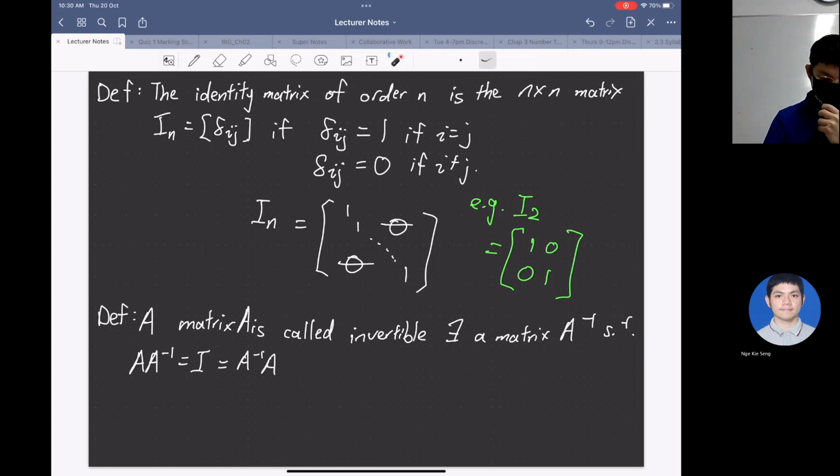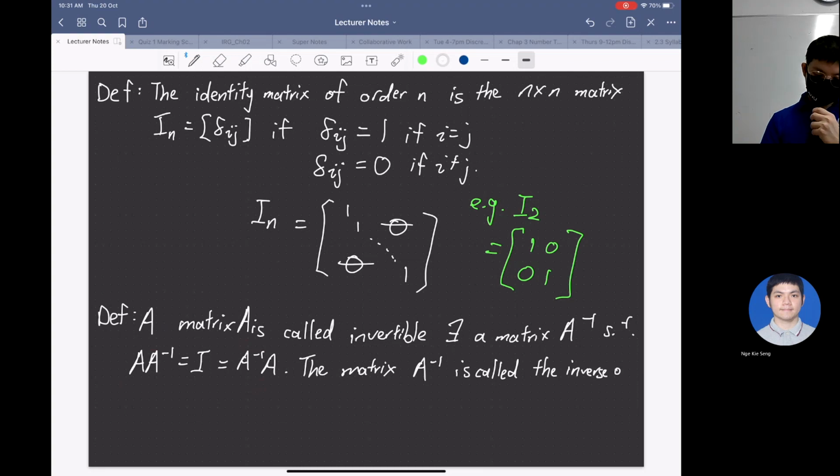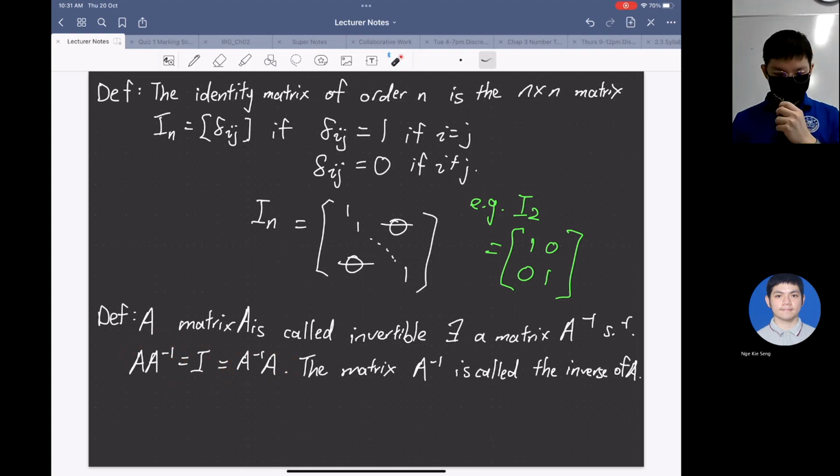So this one is the right inverse, this is the left inverse, and they coincide. This is called the inverse of A. If you want to check whether something is the inverse matrix of another, you just multiply them and check whether it's the identity or not.